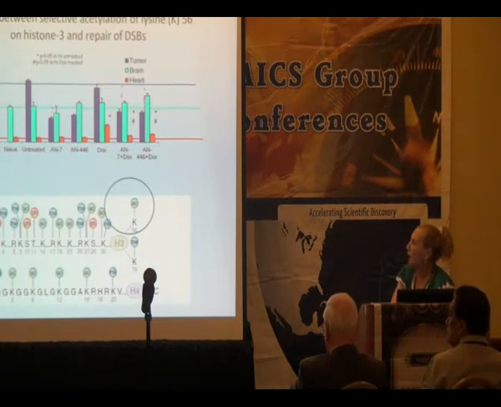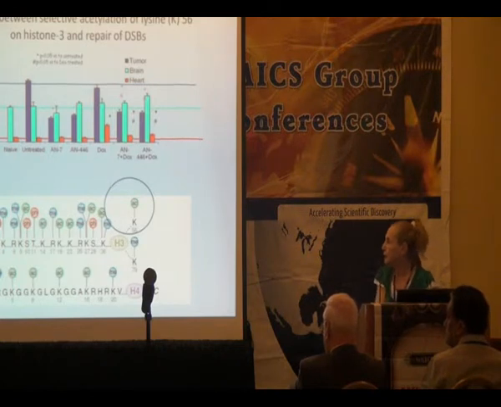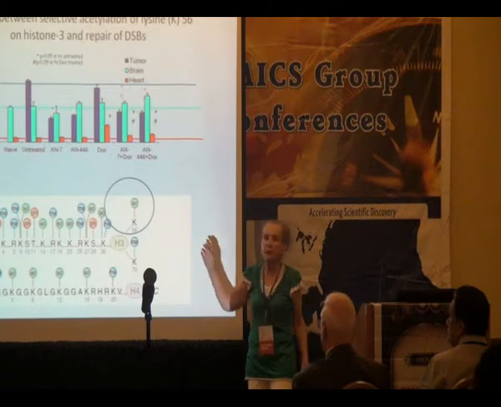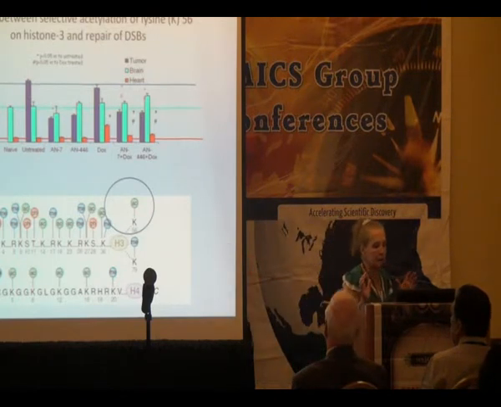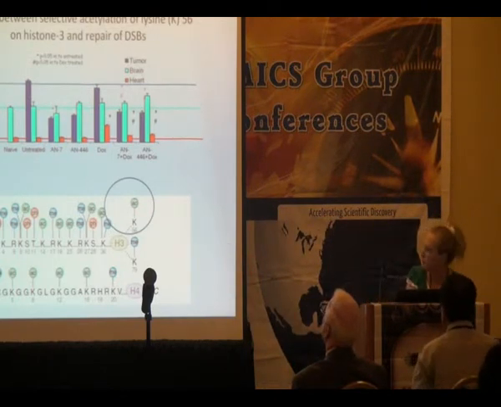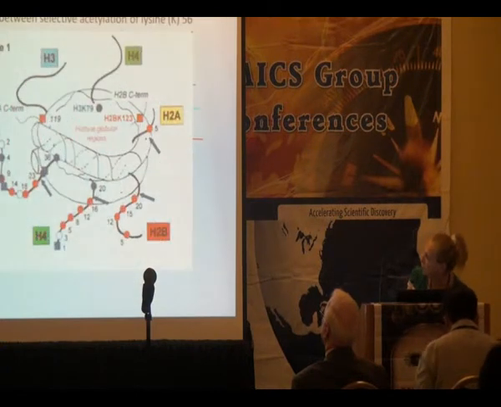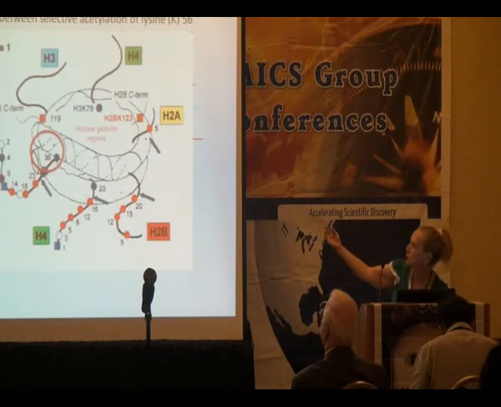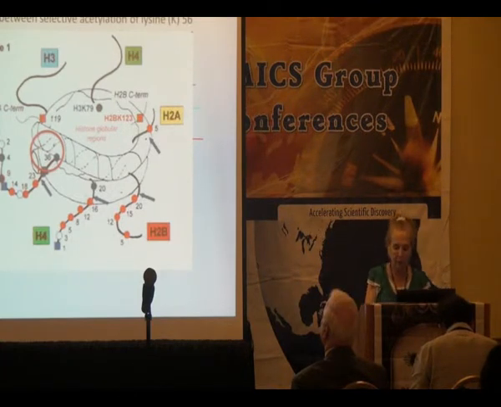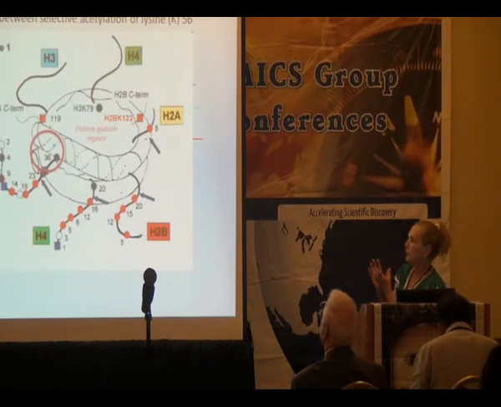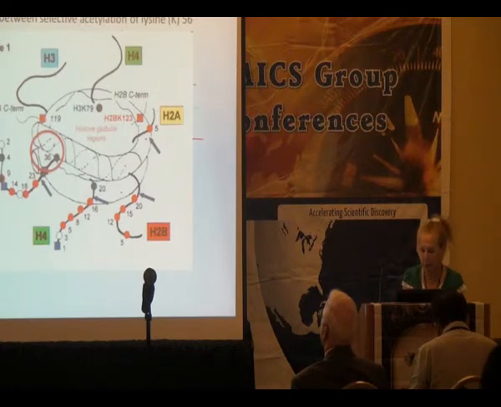So what is the mechanism here? Lysine 56 is actually a gatekeeper. You'll see it better in the next cartoon. It sits right behind the DNA, and it controls the accessibility of DNA repair factors.